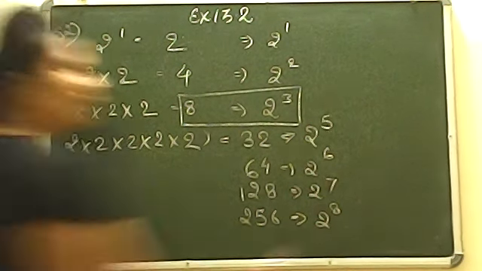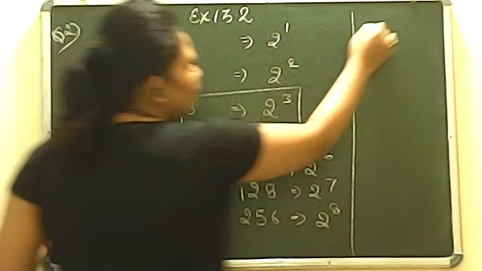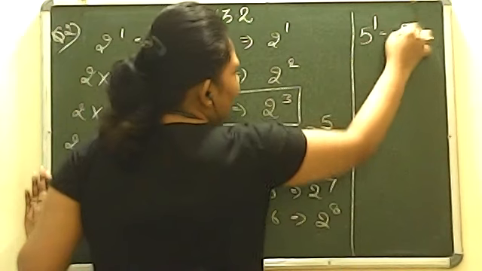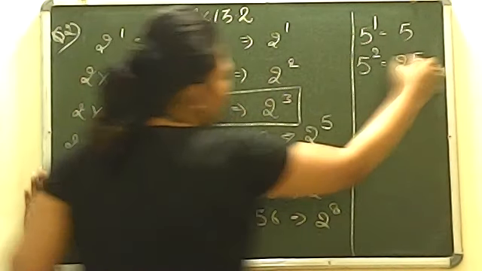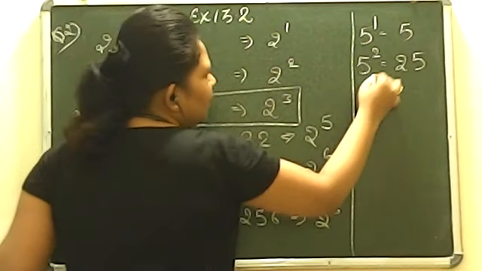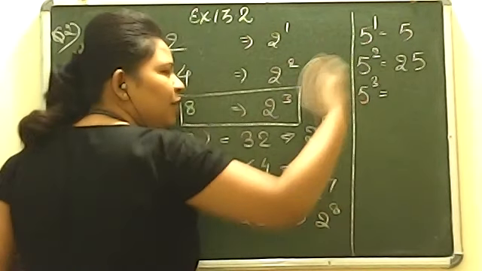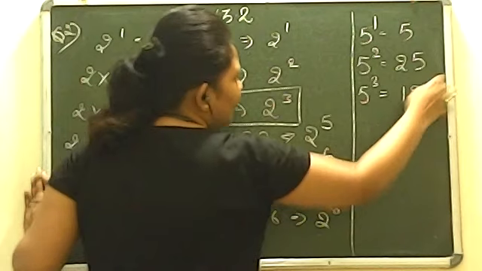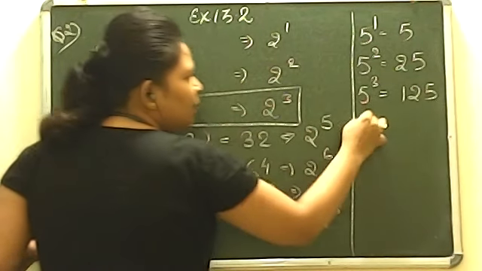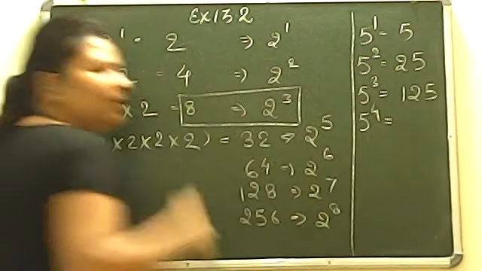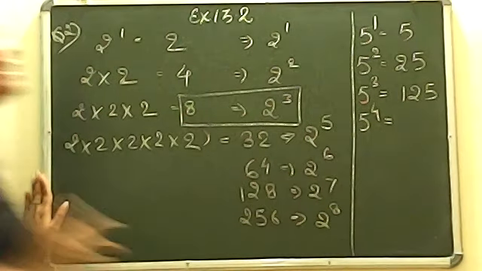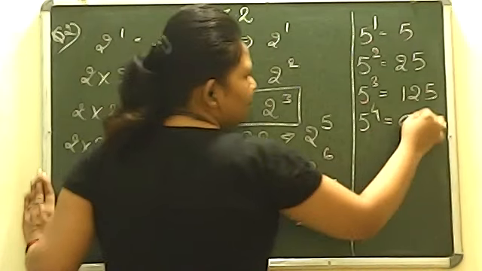सेम वे इफ आई टॉक अबाउट 5 के लिए, 5 की पावर 1 गिव्स यू 5 ओनली. 5 की पावर 2 मतलब 5 into 5 which will give you 25. 5 to the power 3, 5 into 5 into 5 which will give you 125. 5 to the power 4, 5 into 5 into 5 into 5 which will give you 625.